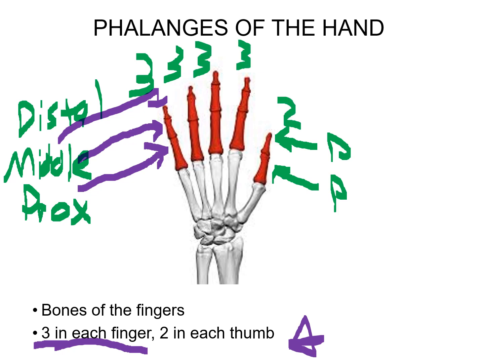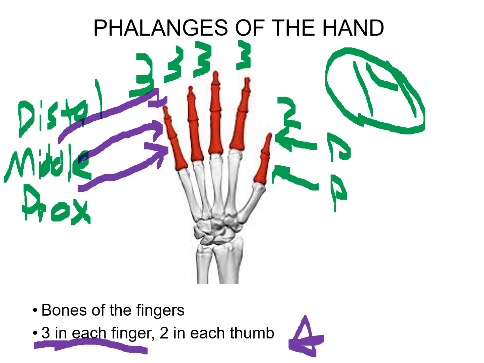And then 2 on the thumb. So you have a total of 14 phalanges in one hand. And then, of course, you have 14 on the other hand. So more than 10% of the bones in your body are simply just finger bones. And once again, we call them phalanges. We're going to see the identical thing found in the toes.